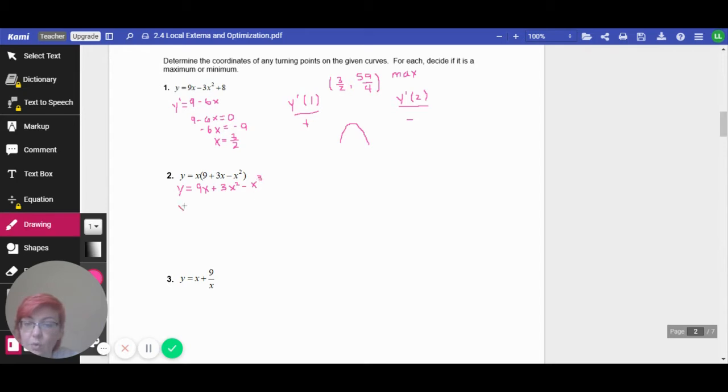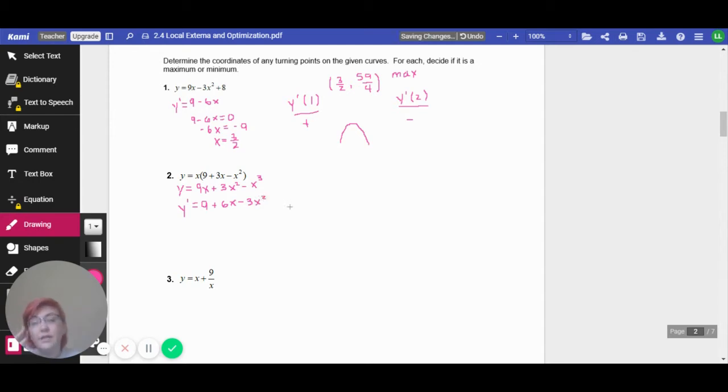So then y prime is equal to 1 times 9, which is 9. X to the 1 minus 1 is x to the 0. 2 times 3 is 6. And x to the 2 minus 1 is just x to the 1, or x. And 3 times negative 1 is minus 3. X to the 3 minus 1 is x squared.